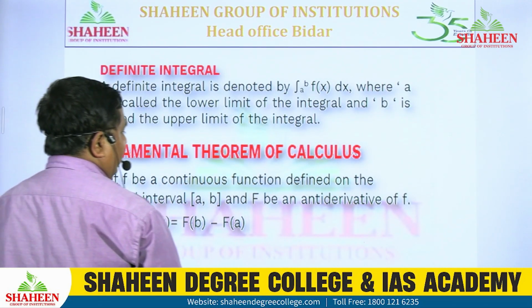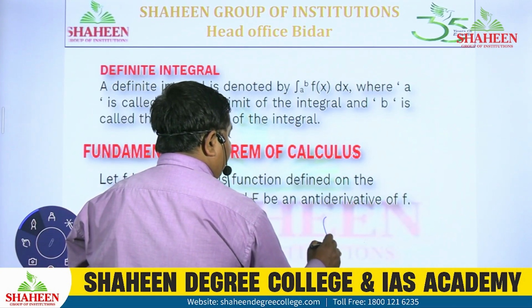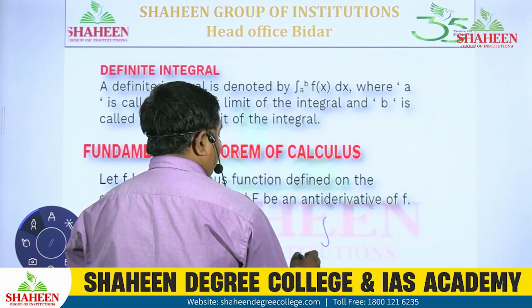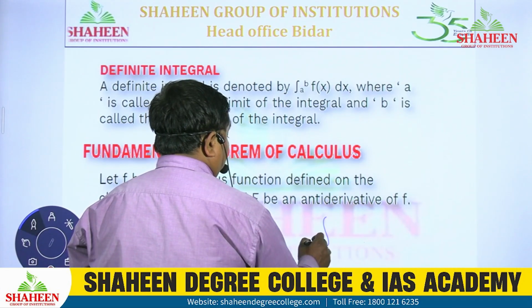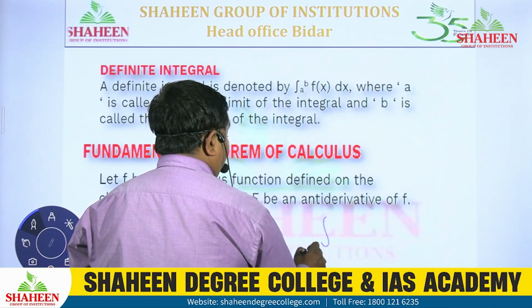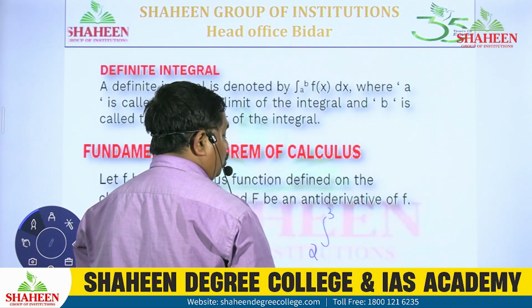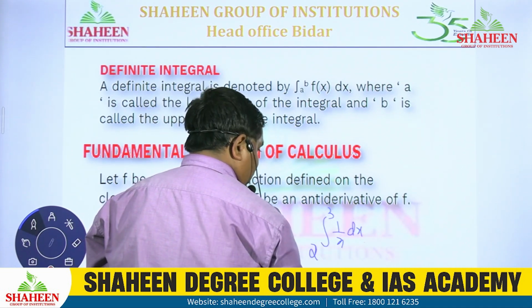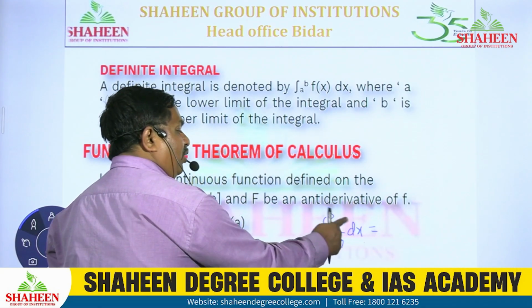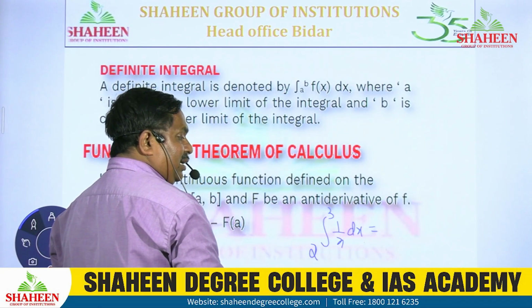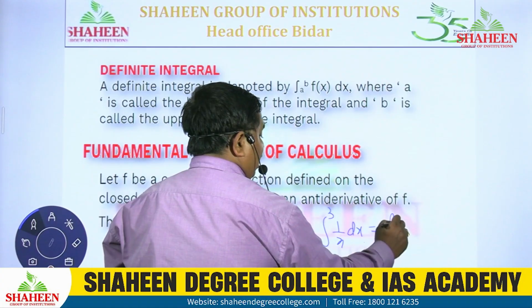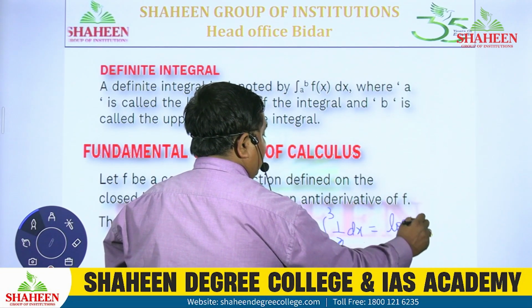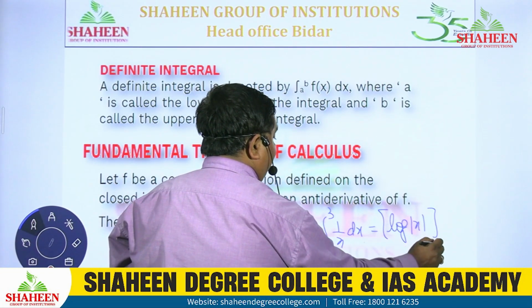For example, we have integration from 2 to 3 of 1 by x dx. First we have to integrate this 1 by x dx. The integration of 1 by x is log x, and the limit is from 2 to 3.